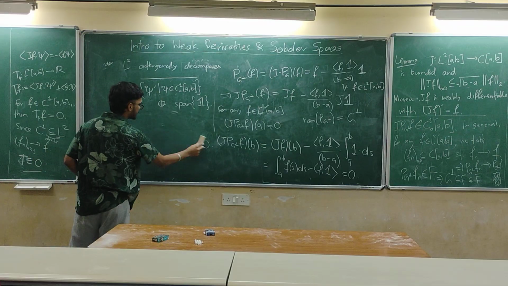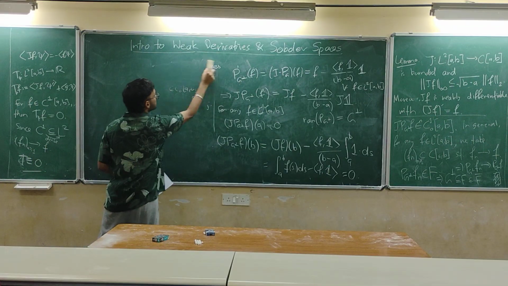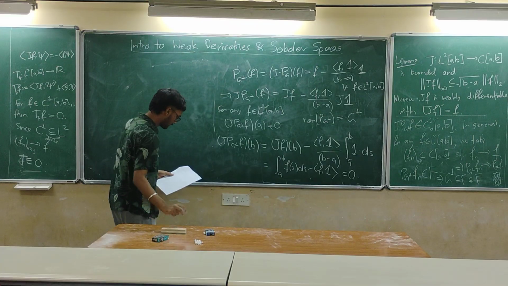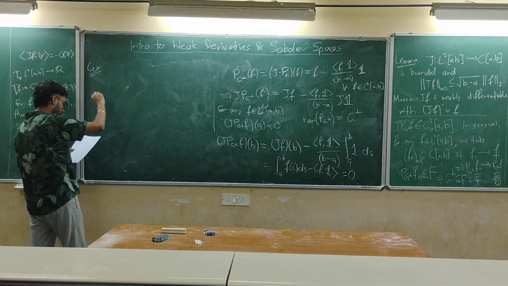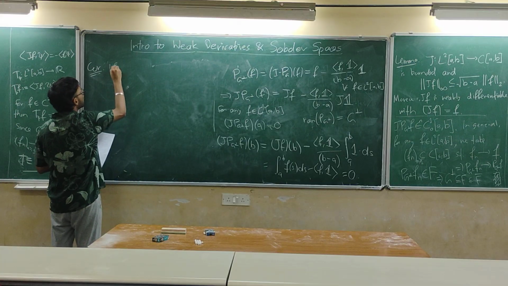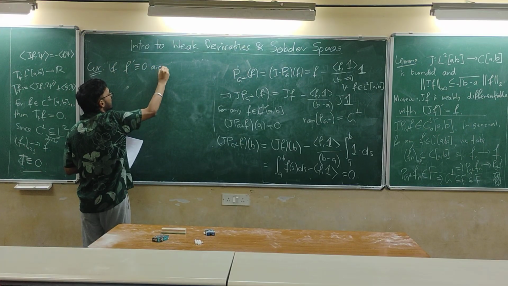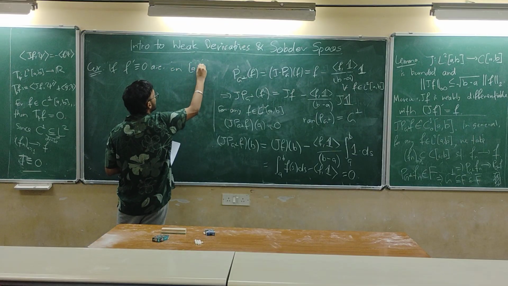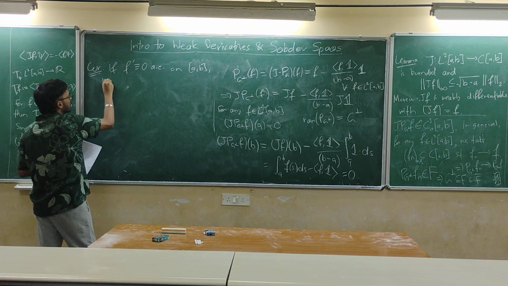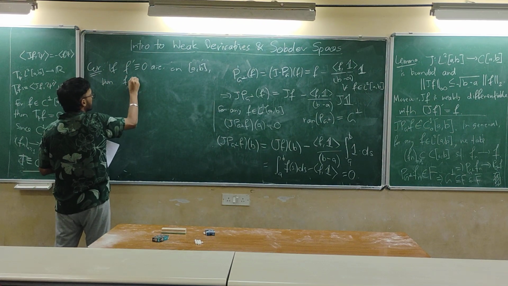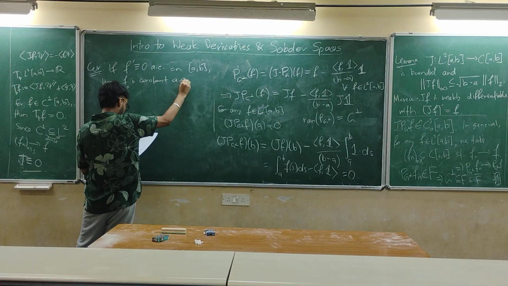The corollary of this is the fact that if f dash is identically 0 almost everywhere on (a, b), this is a weak derivative, then f is constant almost everywhere.